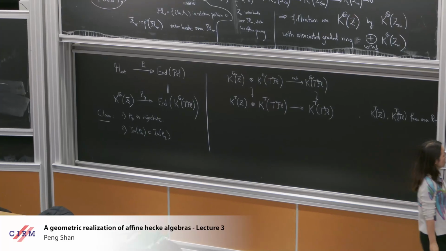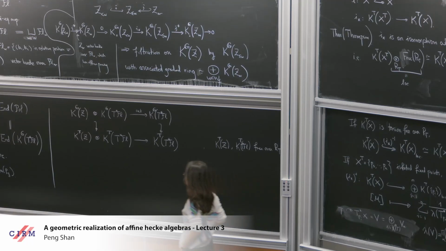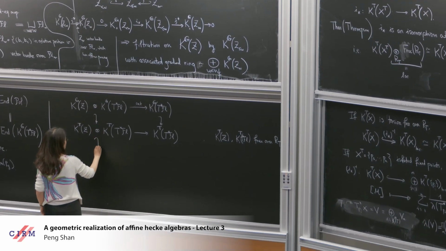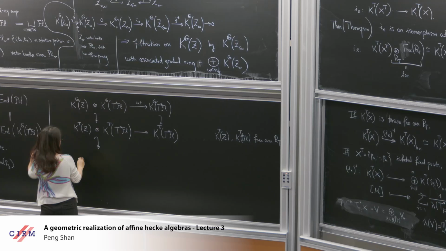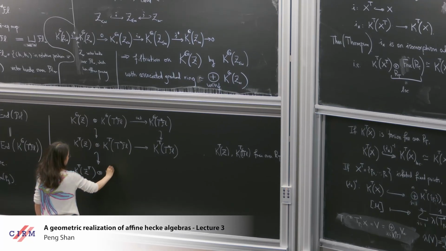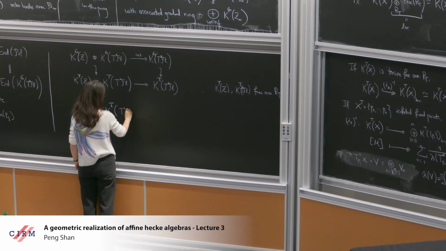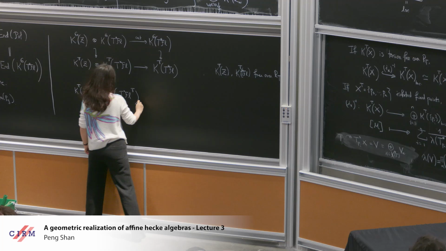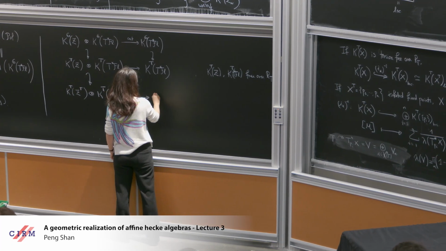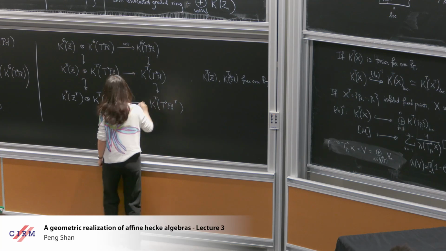So I can just use this Thomason localization theorem and get an embedding of everyone inside K_T of Z fixed T fixed point times K_T of T star flag fixed points, and this goes to K_T of T star flag fixed point localized.